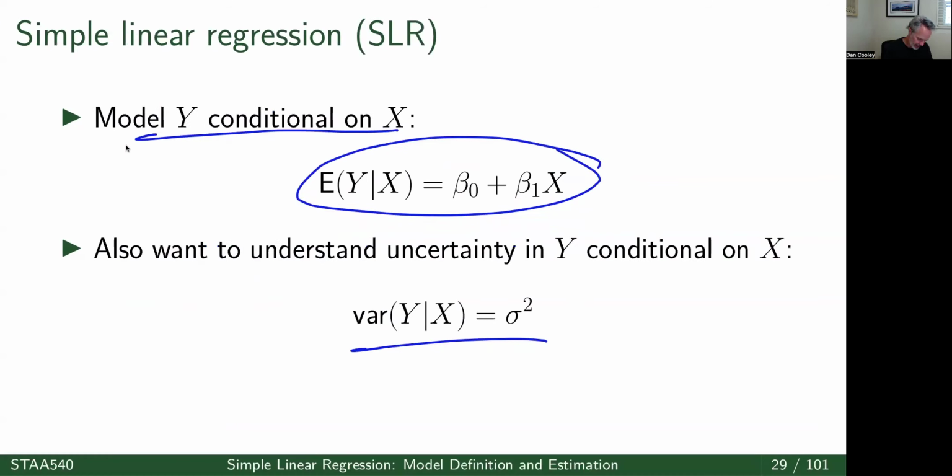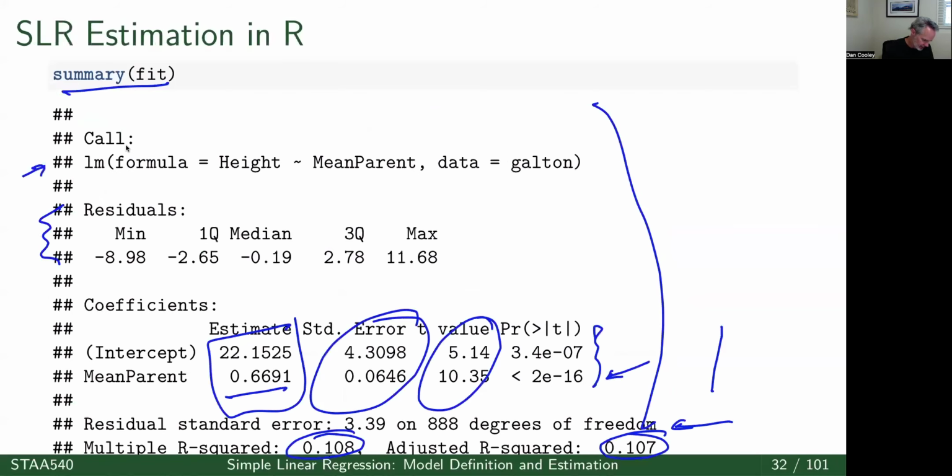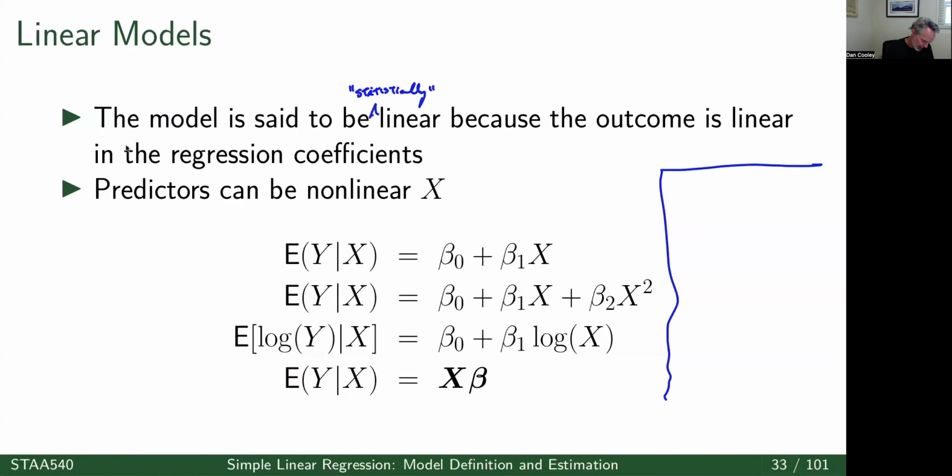And then we talked about statistically linear models and how all of these models can be written as linear combinations, in terms of the regression coefficients.